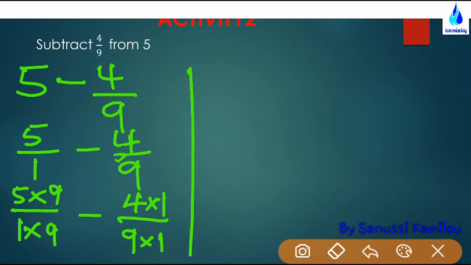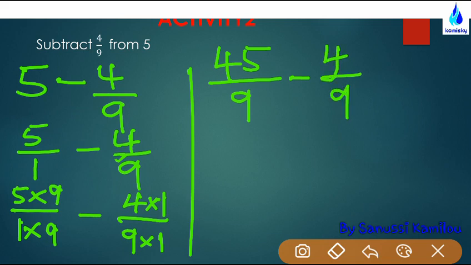Then from there, what do we get? If I should continue with our multiplication over here, I will get 45 out of 9 minus 4 out of 9.